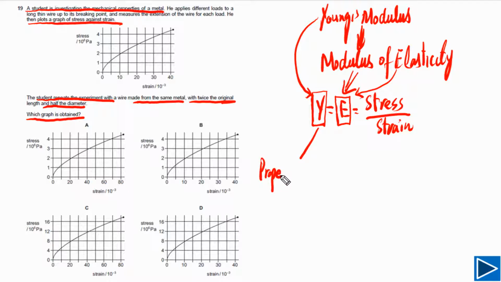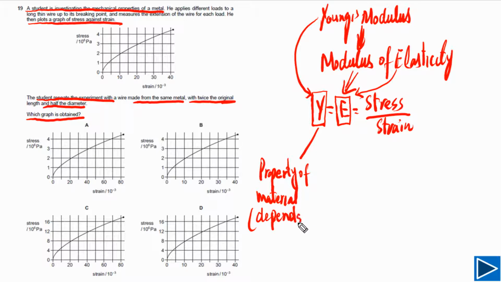Like resistivity, which is a property of material that does not depend on dimensions, Young's modulus is also a property of material. It depends on type of material but does not depend on dimensions.